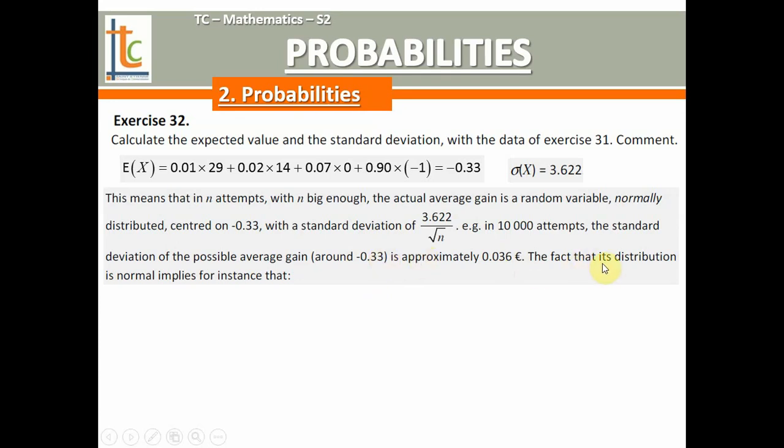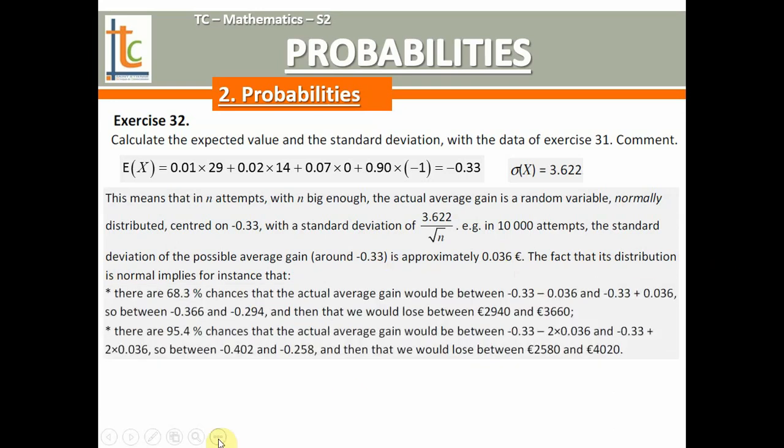So the fact that this distribution is normal implies, for instance, and we will explain these sentences, of course, that there are 68.3% chance that the actual average gain would be between this number and this one.